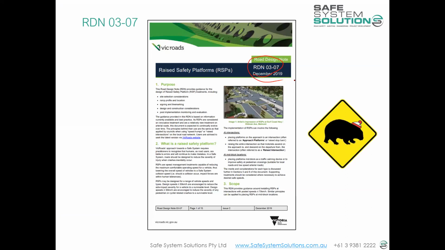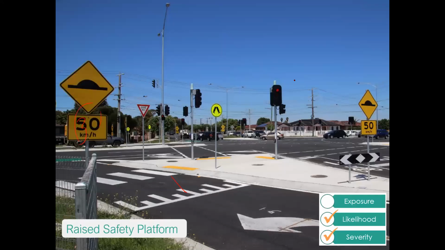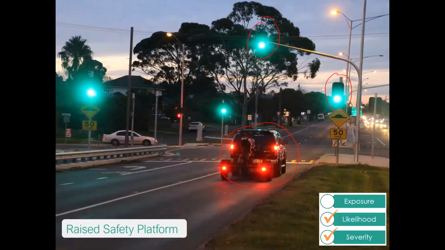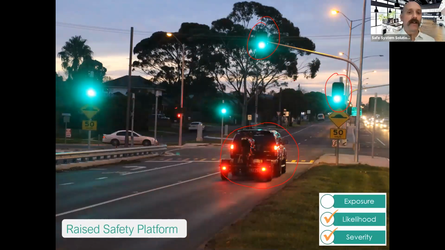Just a quick question on the previous intersection. Was the side road managed to protect pedestrians? This one, the side road does have pedestrian crossings, but it wasn't raised or anything.